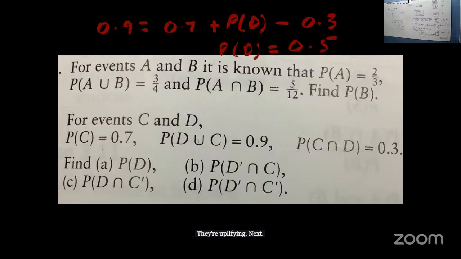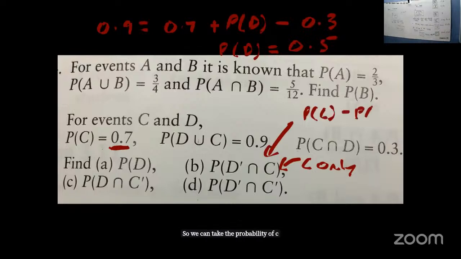Yeah, Nathan, how are we doing this? That's C only. C only means you want C, of course, but you're taking out the intersection, right? So we can take the probability of C and minus off the probability of C and D. That would be 0.7 minus 0.3, so I got 0.4.